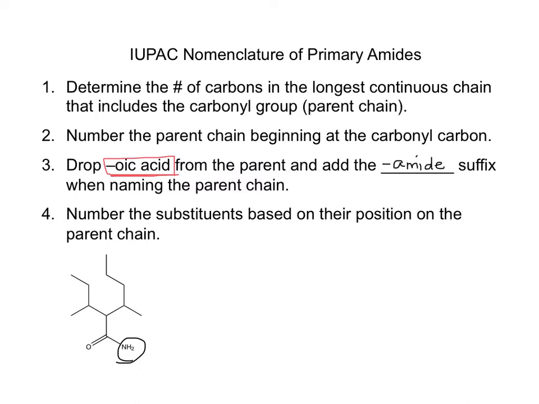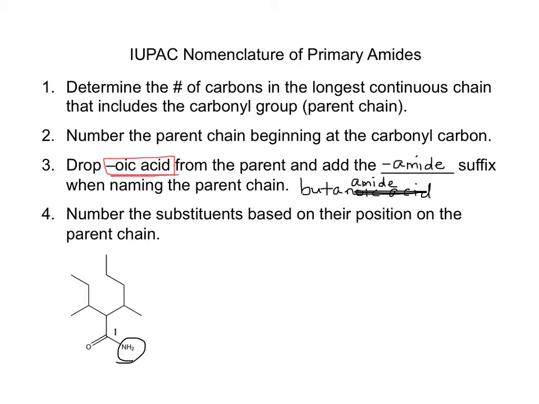So as an example, say that it was butanoic acid. What we would do is we're going to drop oic acid, it goes away, and it will become butanamide. Okay, so let's go ahead and do this example below.